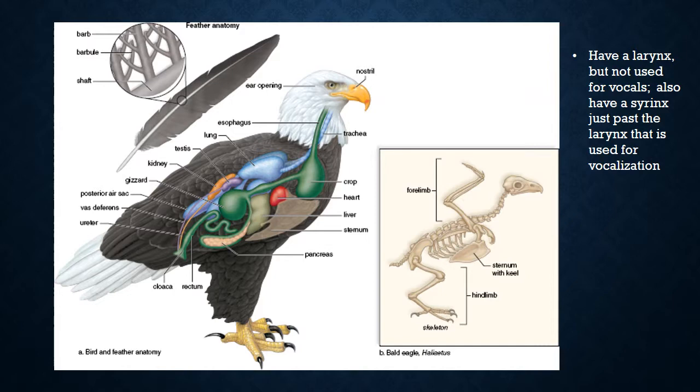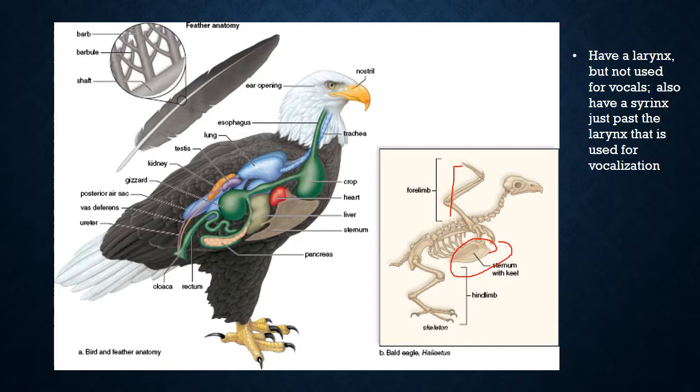So if we're looking at our bird anatomy, some of the important features are, here's our sternum with the keel. And you'll see this in lab. We have some skeletons that you can take a look at for that. As we said, the forelimb is modified into wings. They have a very lightweight skeletal system.